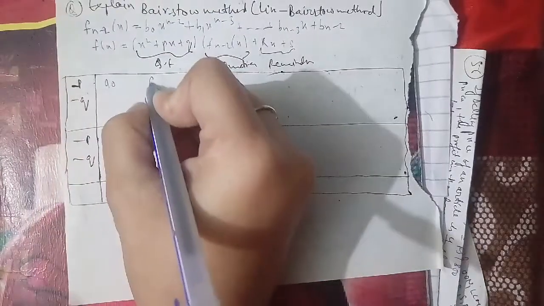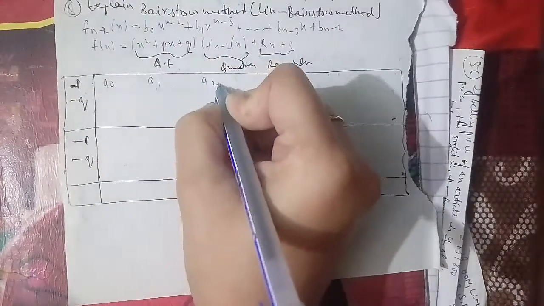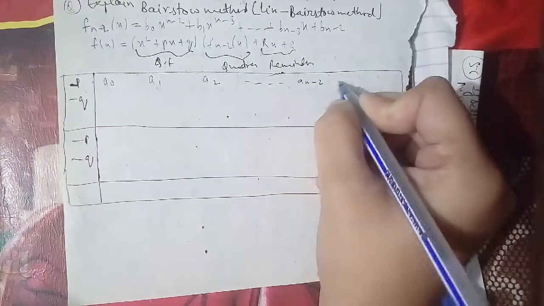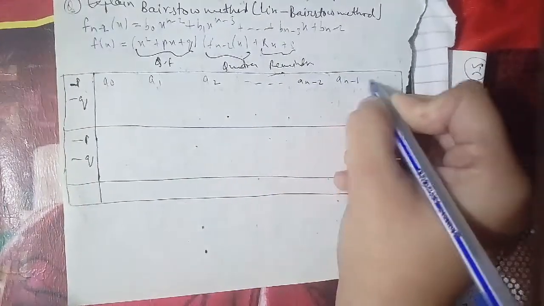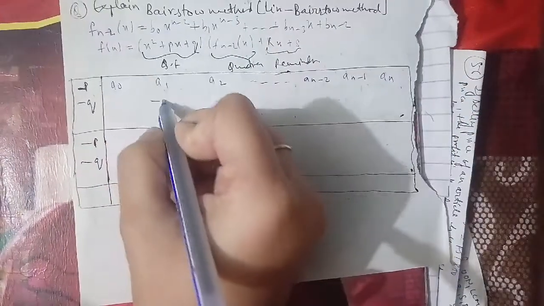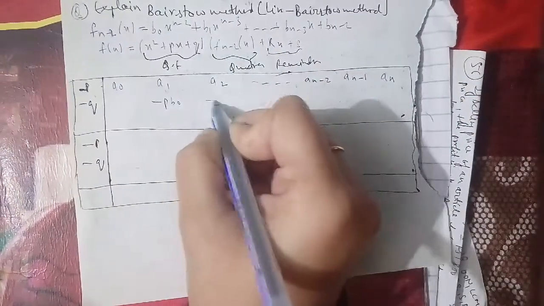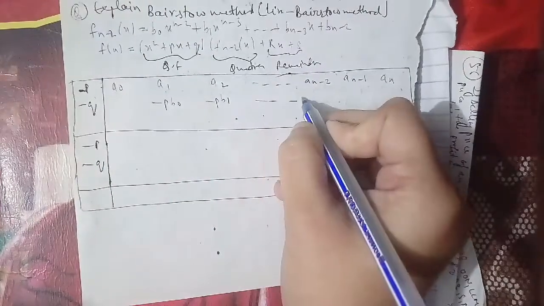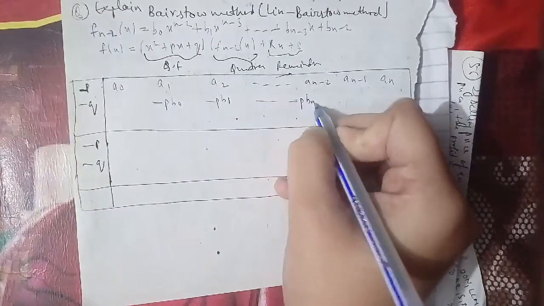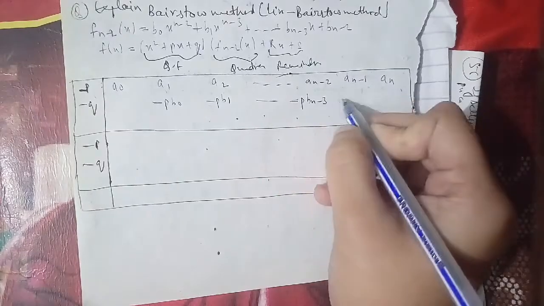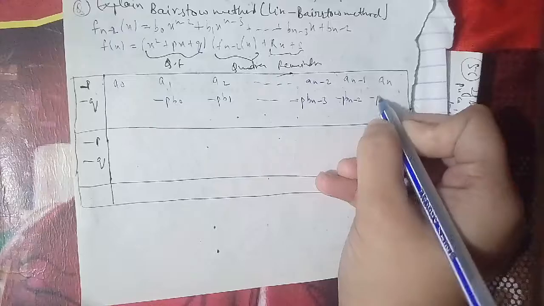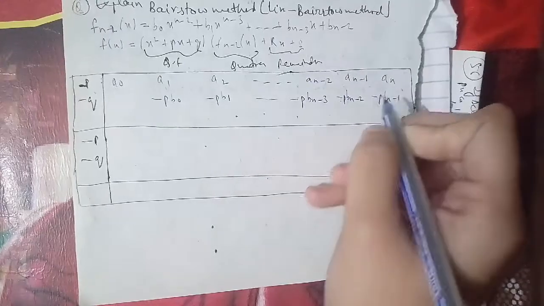A0, A1, A2, An minus 2, An minus 1, and An. For the same it is minus P B0, minus P B1, minus P Bn minus 3, minus P Bn minus 2, minus P Bn minus 1.